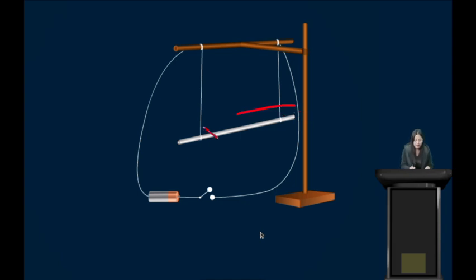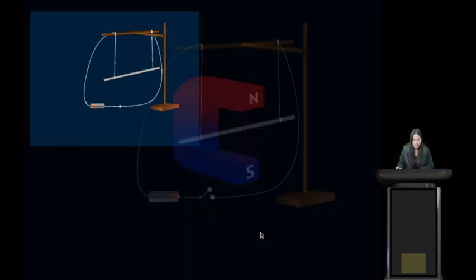What if we take a straight current carrying conductor, hang it, and allow current to pass through it? So let us see. We hang this straight conductor and allow current to pass through it. What do we see here? We did not observe any changes.